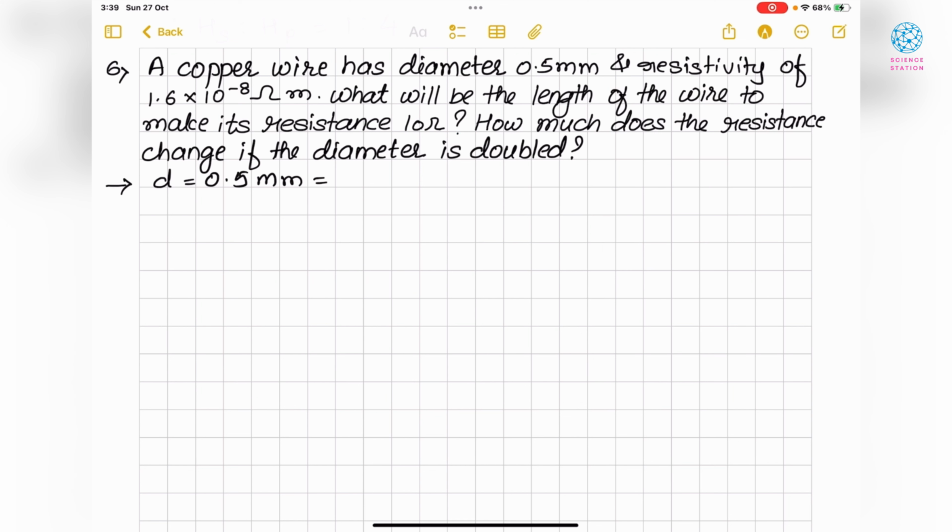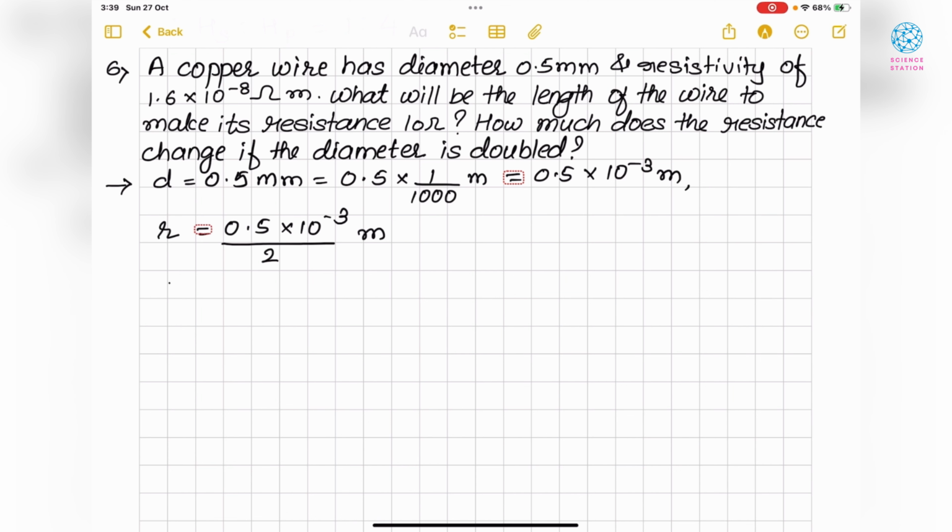If I convert it into meter, it will be 0.5 into 1 upon 1000 meter, that will be equal to 0.5 into 10 raised to minus 3 meter. So I can say r will be equal to 0.5 into 10 raised to minus 3 upon 2 meter.